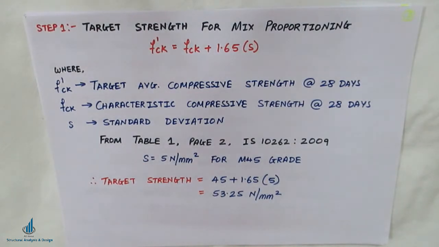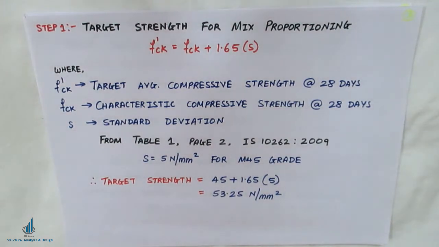FCK is the characteristic compressive strength at the end of 28 days of curing. S is the standard deviation. From table 1, page number 2 of IS 10262-2009, you will get this standard deviation value. S is equal to 5 Newton per mm square for M45 grade of concrete.